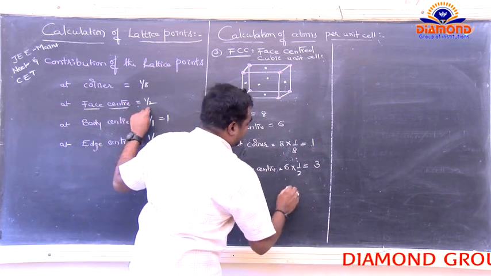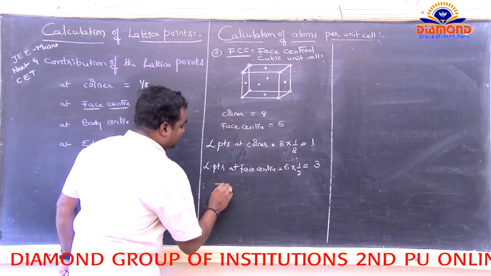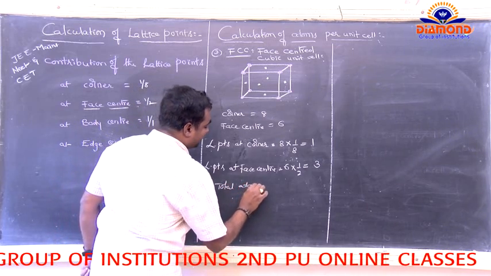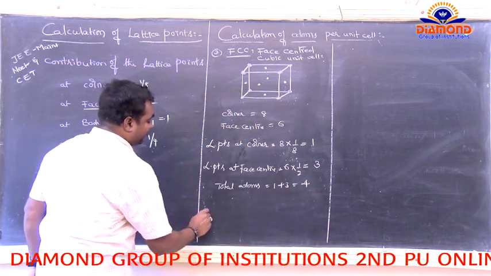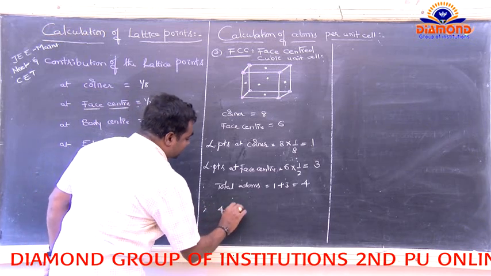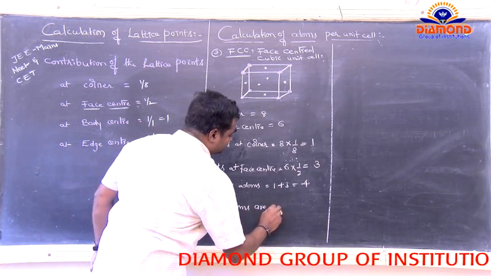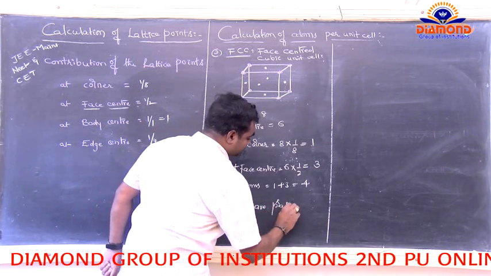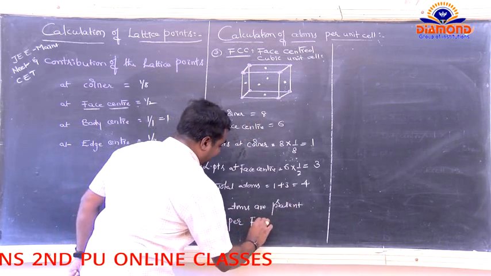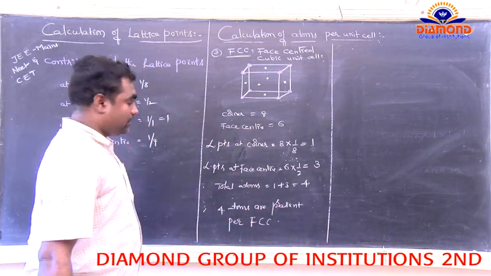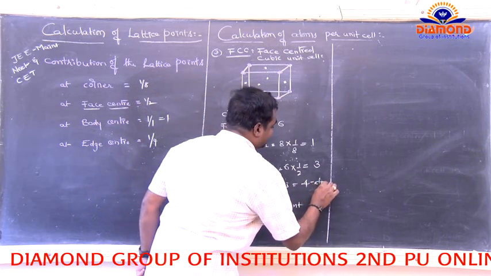So total 1 plus 3, that's total 4 atoms are present. For the FCC unit cell, 4 atoms are present.